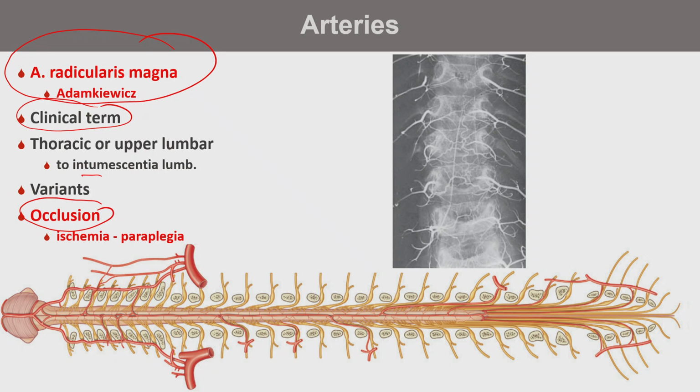So this intumescentia is prone to ischemia, and there are some situations where it is in danger of ischemia. So it could be acute injury of the thoracic aorta.